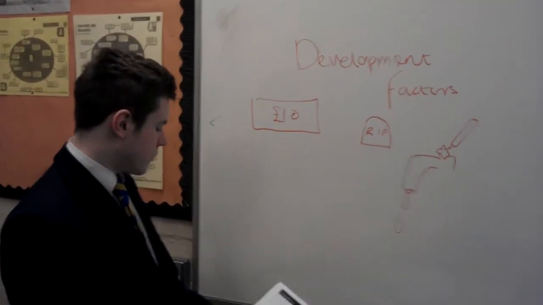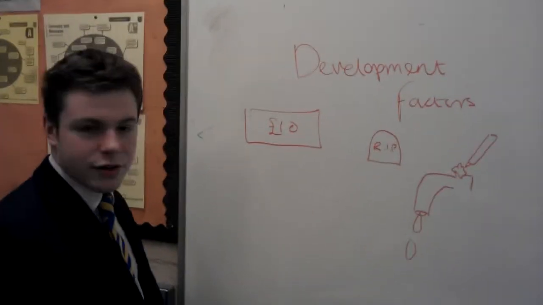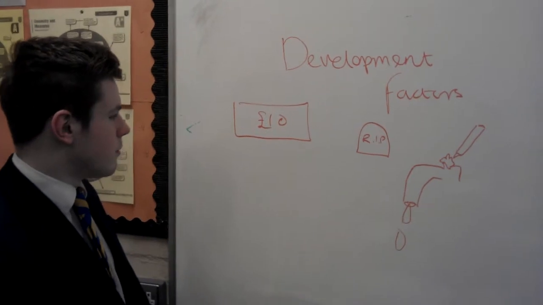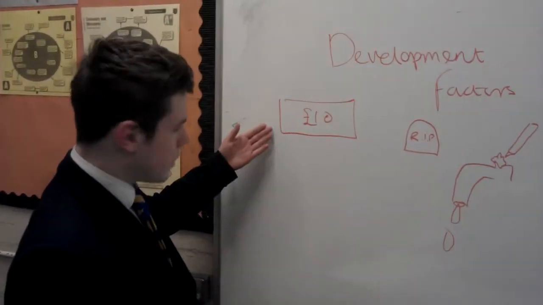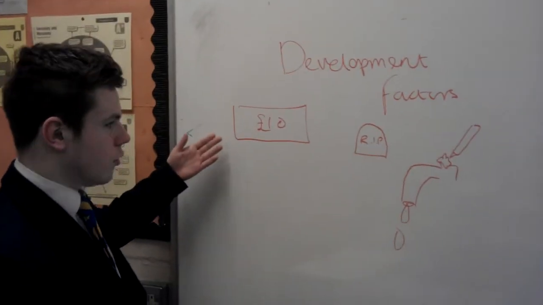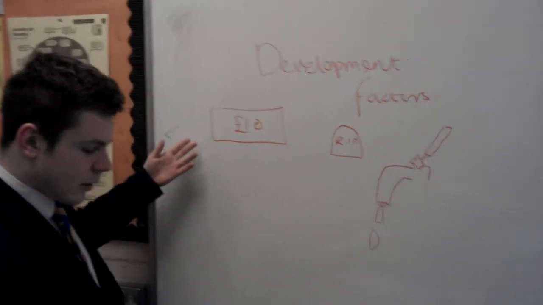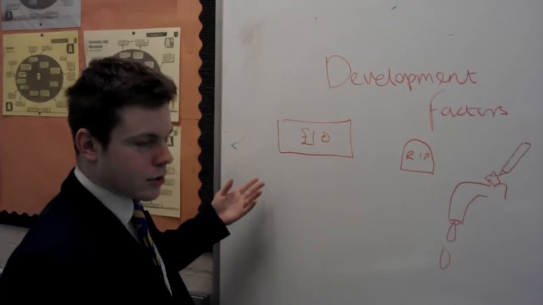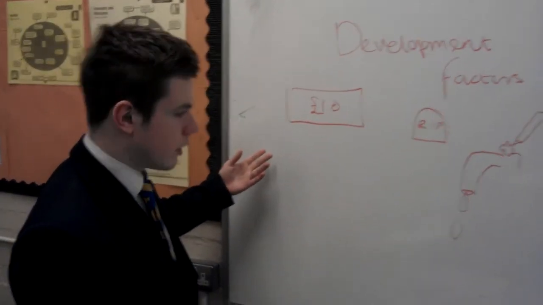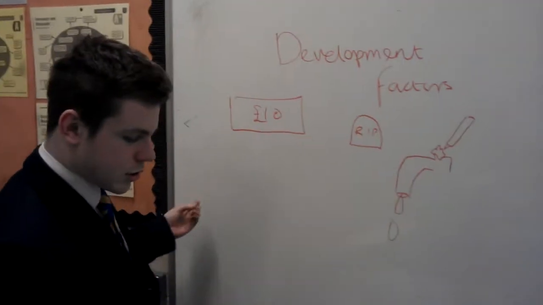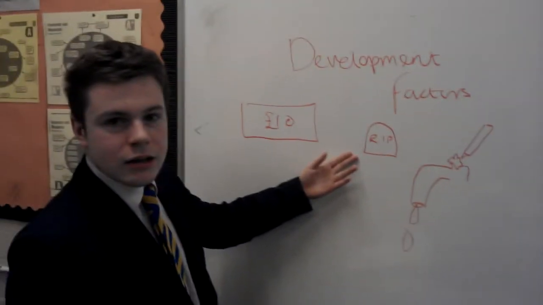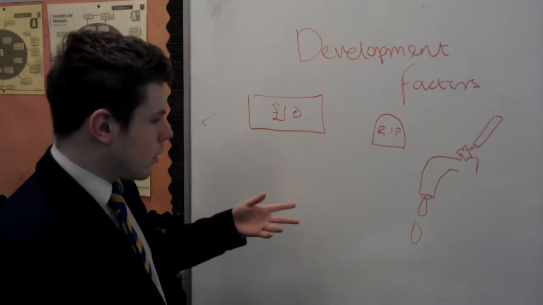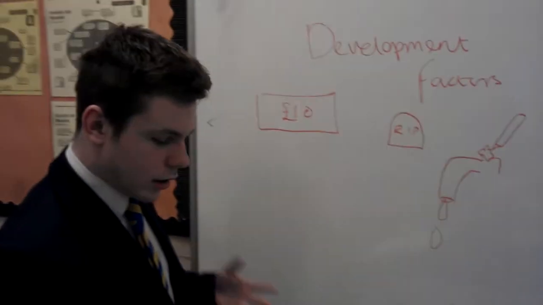Okay, today we're going to be talking about the development factors, more specifically things that you can use to measure development. Classically, these would be things like GDP or GNI or GDP per capita, and they were basically just trying to measure how rich people in the country were. More recently, they also measure it using birth rate and death rate and infant mortality, because this shows how long the people are living.